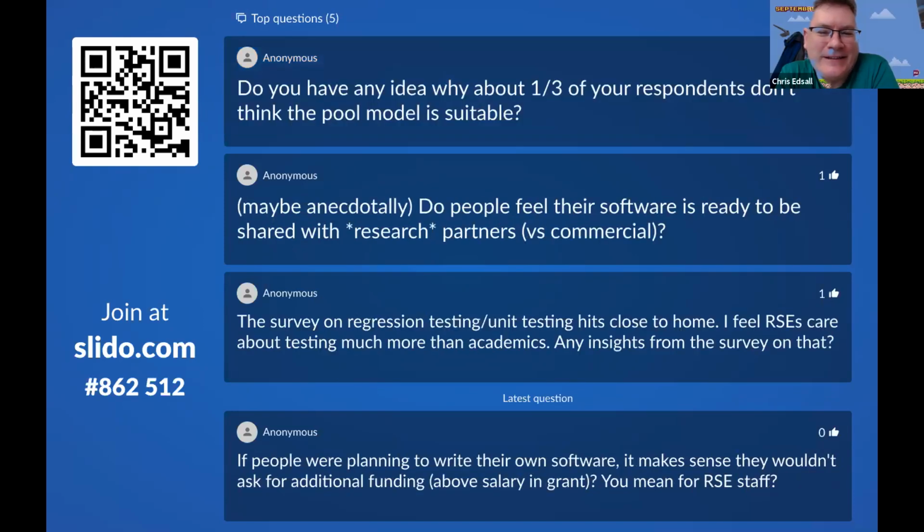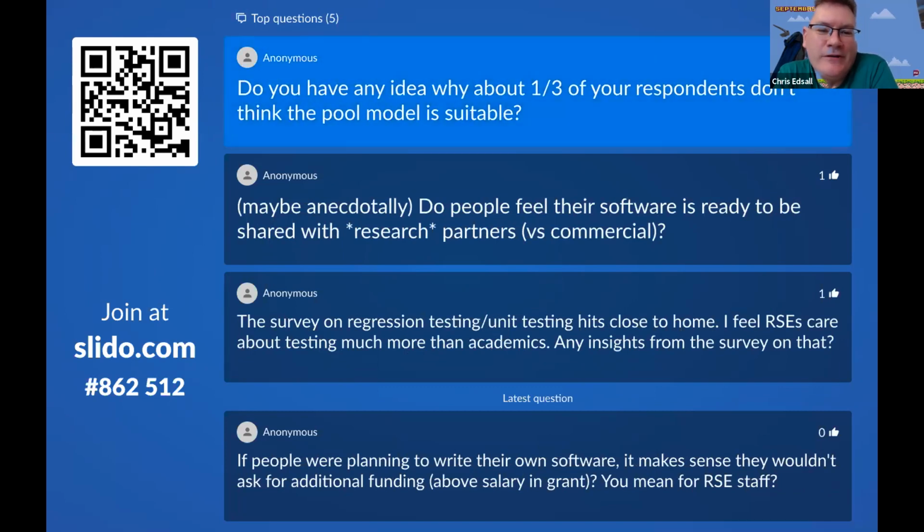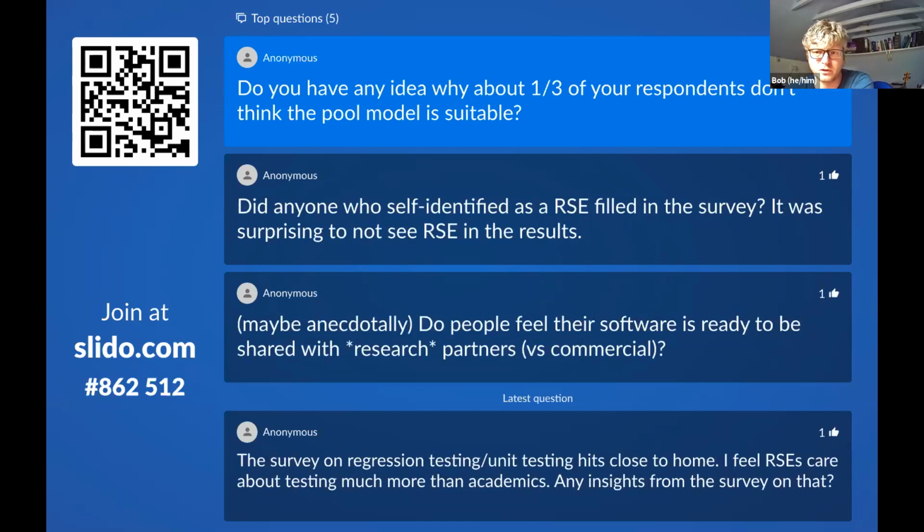And I guess the answer to the next question is going to be on a similar theme. Do you know why 1/3 of the respondents didn't think the pool model was suitable? Sometimes it's not going to be suitable, and sometimes we'd advise people not to use it. So this would be if someone wanted, we tend to not want to allocate engineers above 50% on an individual project for their own well-being and development.